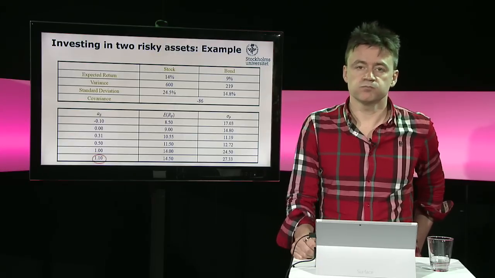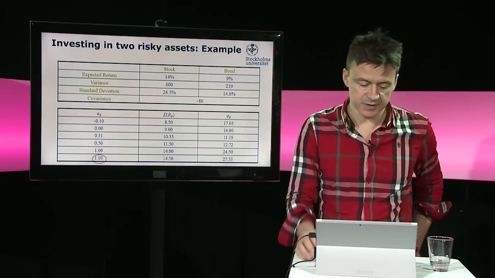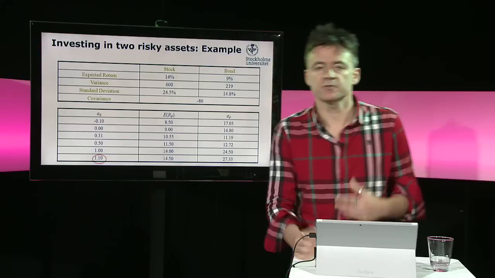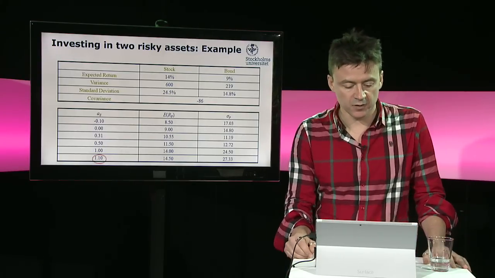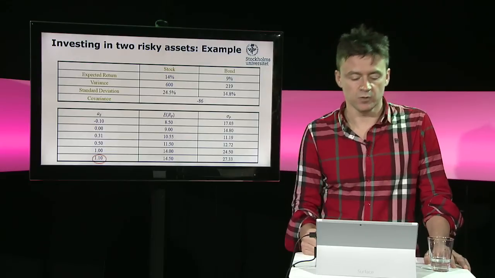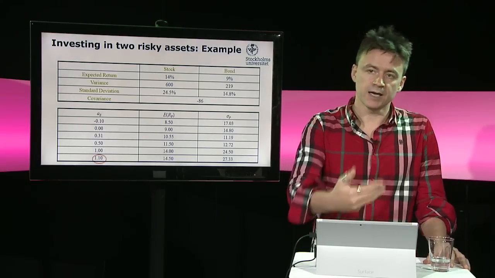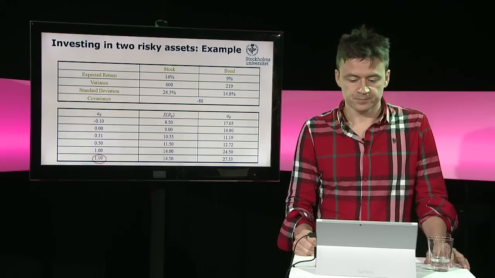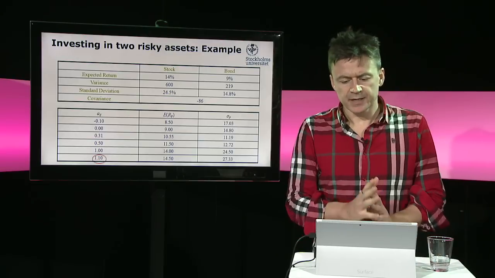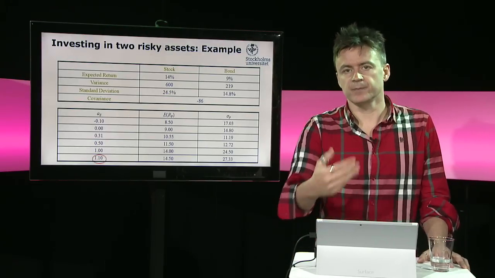We could do something similar, but in this case we could specify the weight on the stock as 1.10. In this case, we'll be investing in the stock not only our entire financial wealth, but also 10% more. How do we obtain this extra 10%? We do that by selling the bond. Now, note that it's not necessary to own these assets to sell them.